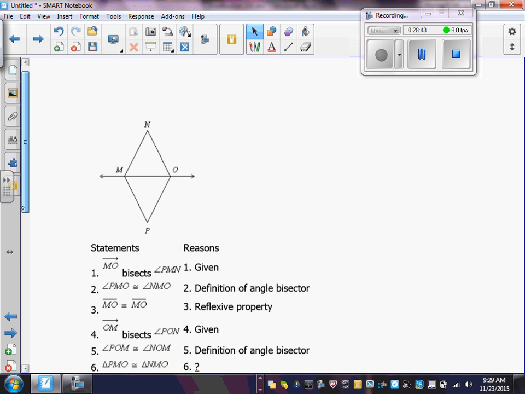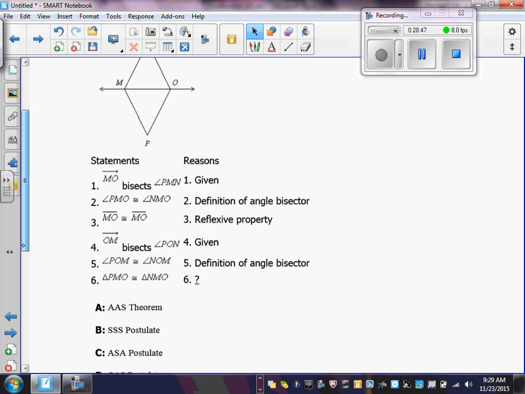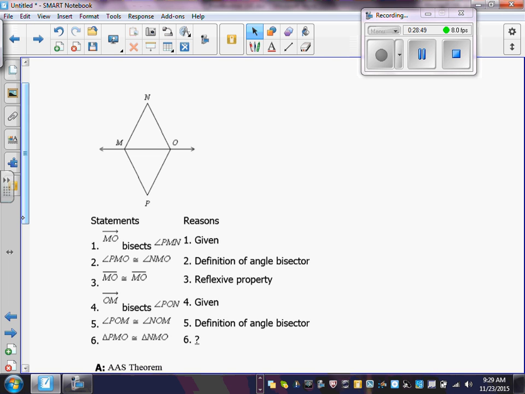The last one is what is missing information. Okay, so let's see what is given. It says MO bisects PMN, so that means this angle is congruent to this one. And it tells you here PMO is congruent to NMO.